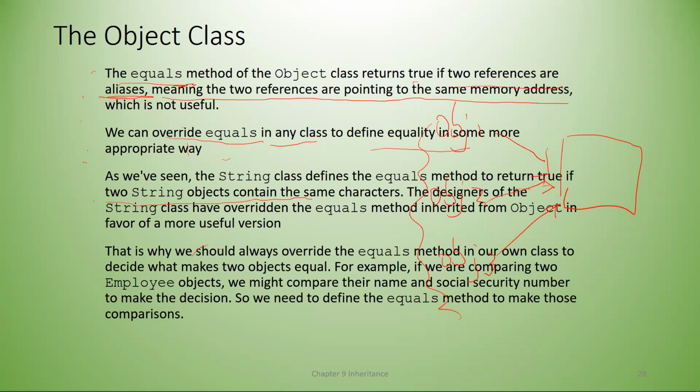We discussed this in chapter 3. If you want to test the content of the two strings, you use the equals method, because the String class redefined the equals method, so it tests the content. This is why we should always override the equals method in our own class to decide what makes two objects equal.